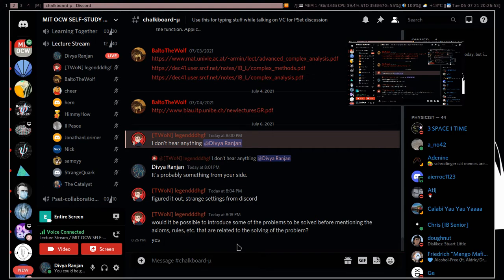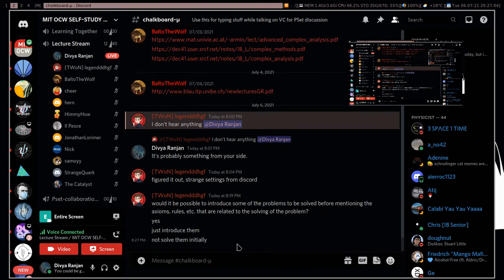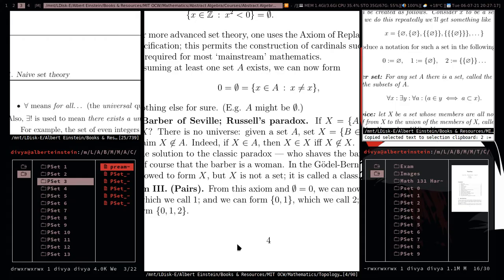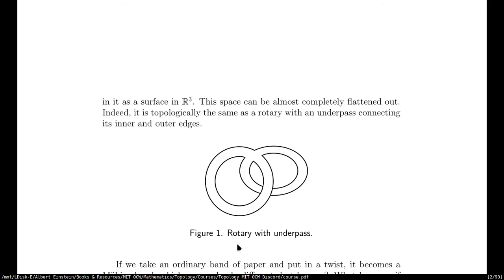Oh, okay. That would be good. But the thing is, when you try to prove things... so essentially examples, right? Okay, that's a good idea, because these axioms are pretty abstract.